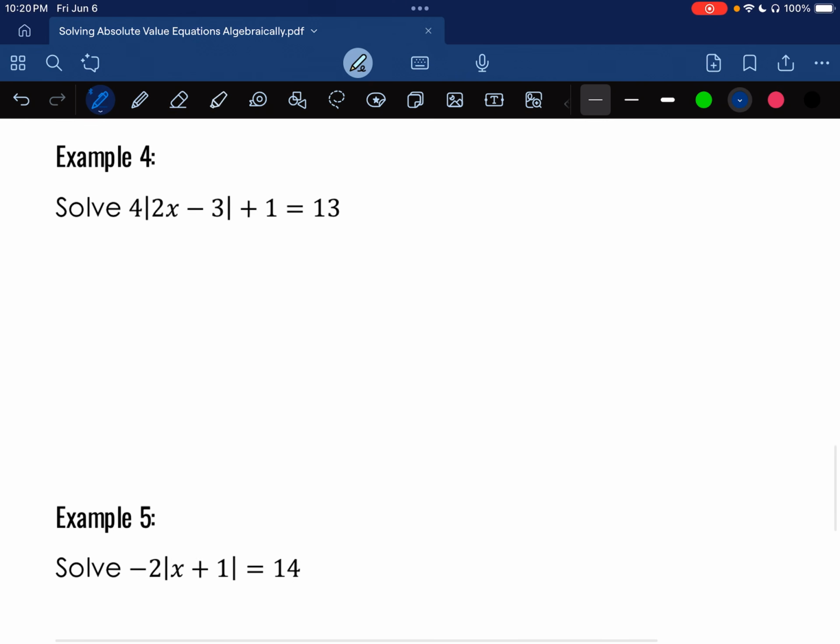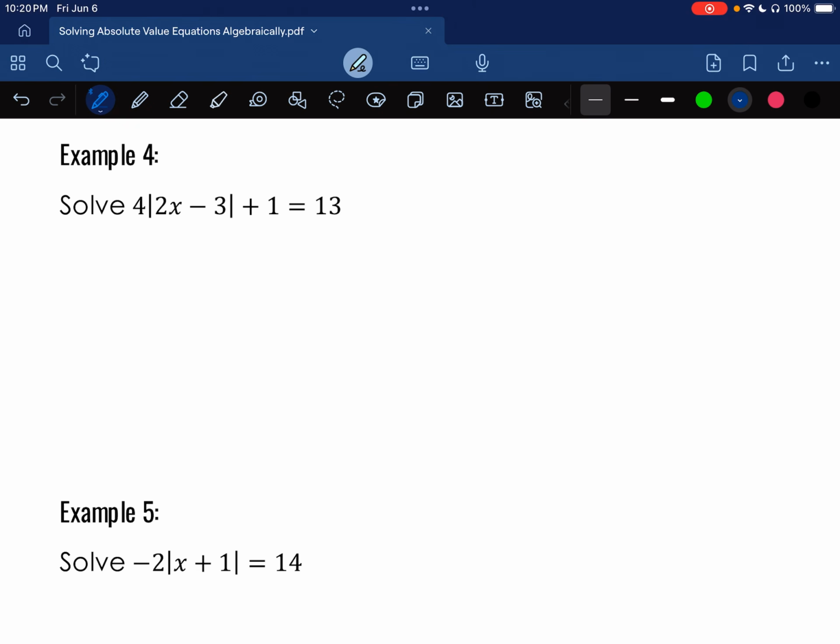All right, so that's an example of having one solution. Example 4, we got a lot going on here in terms of having to isolate our expression, what's in the absolute value bars. So first, I'm going to subtract 1. I'll get 4 times the absolute value of 2x minus 3 is equal to 12. Now we have to divide by 4 first before we go setting up any equations.